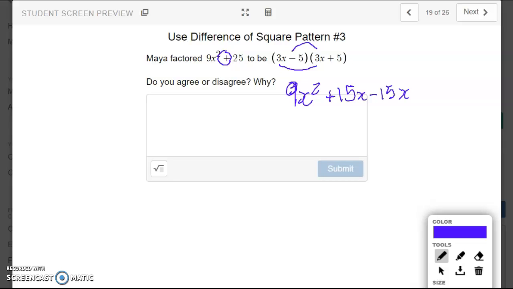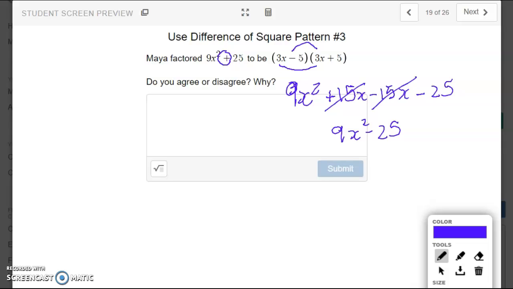And then last with last, negative 5 times positive 5 is going to be negative 25. And you think, oh, well, 15x and minus 15x, that canceled out. But notice that this is 9x squared minus 25. It is not 9x squared plus 25. That plus or minus sign makes a huge difference. So this does not factor to 3x minus 5, 3x plus 5.